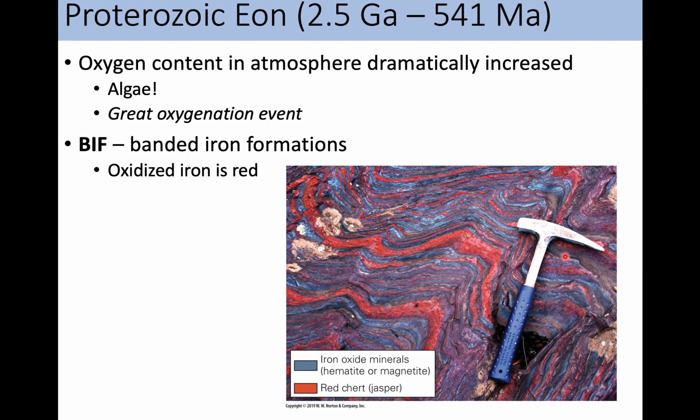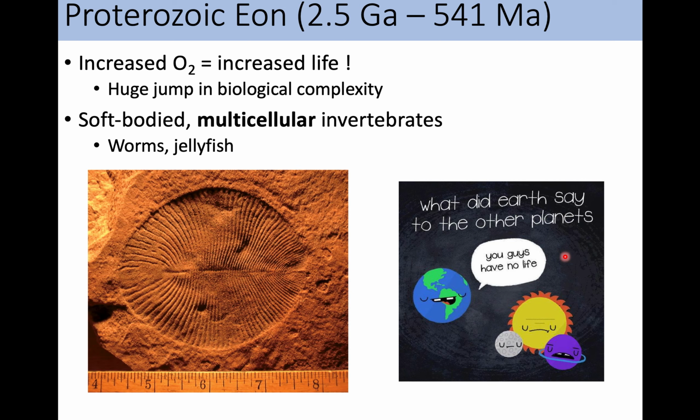This is one of the very clear keys to knowing what time period you're looking at: if you see these banded iron formations, you're probably looking at this time period where we had that large amount of oxygen in our atmosphere.